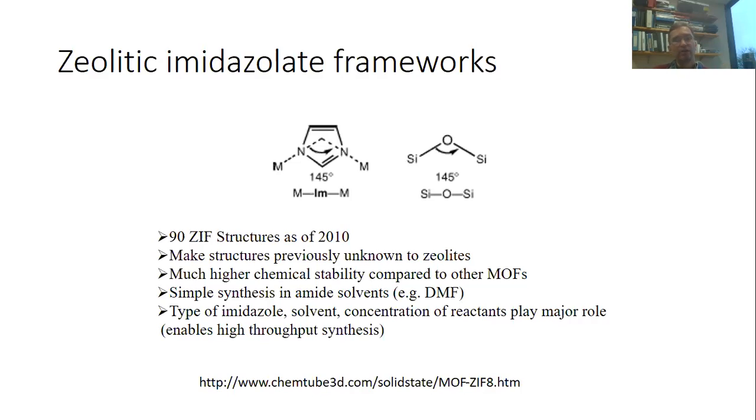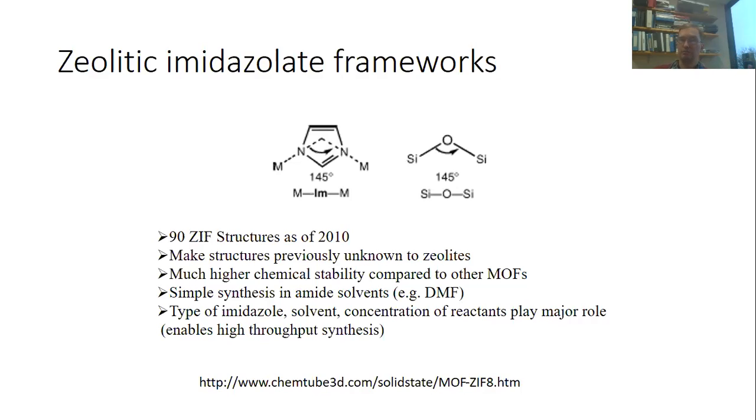With the imidazolate framework, this is not so much a problem. They tend to be more stable under ambient conditions or even in aqueous solution. Having said that, it's also possible to make carboxylate-based metal organic frameworks that have a high chemical stability if you use cations that have a very high positive charge.